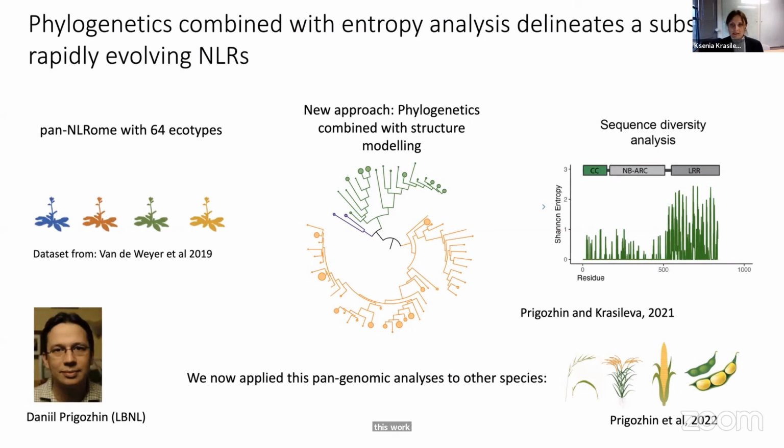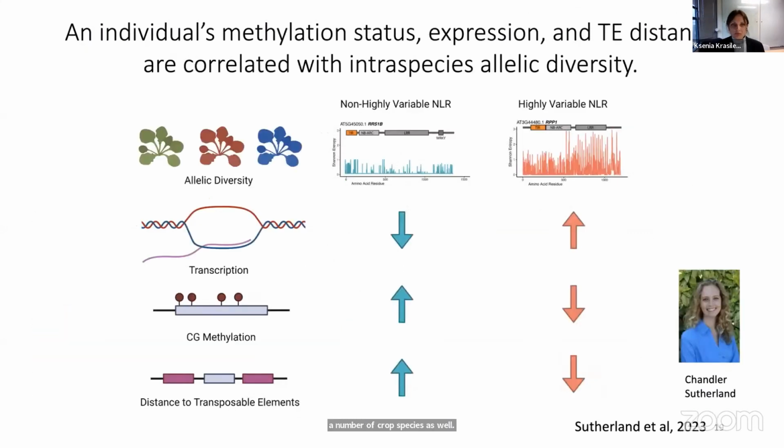What this analysis showed us is that in plants, there are two types of the receptors. One is generally conserved, or they include very few alleles in the population that can be maintained in the population. We call them non-highly variable receptors, or NLRs.